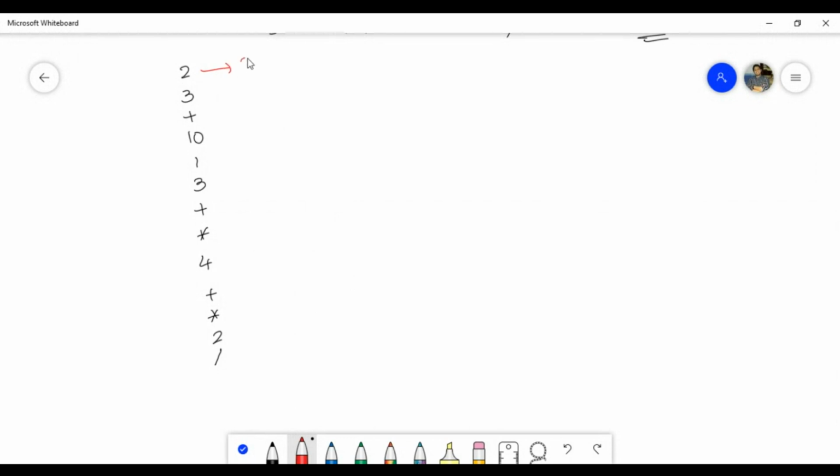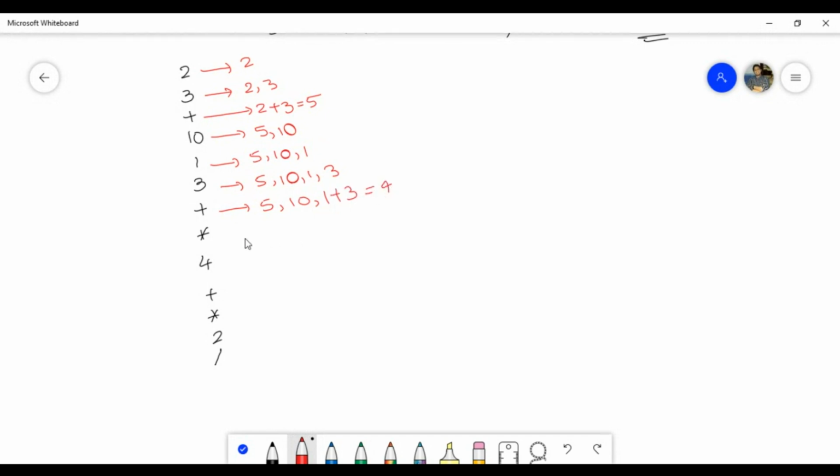So this is 2, this is 2 comma 3, and here it is 2 plus 3, which equals 5. Then 5 comma 10. 10 is entering, 5 comma 10 comma 1, 5 comma 10 comma 1 comma 3. This plus will pop from the last, that means pop 1.